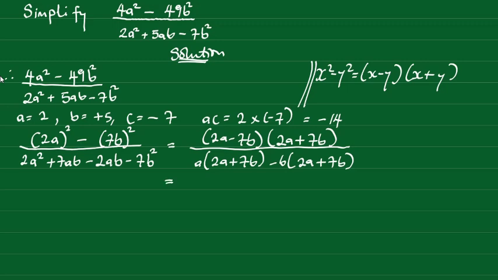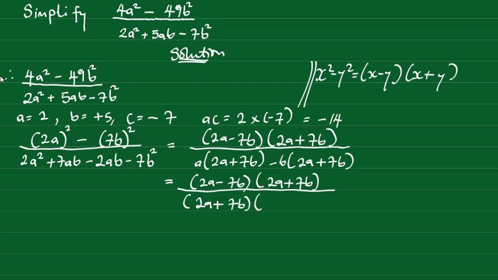This leads us to (2a minus 7b)(2a plus 7b) divided by (2a plus 7b)(a minus b).